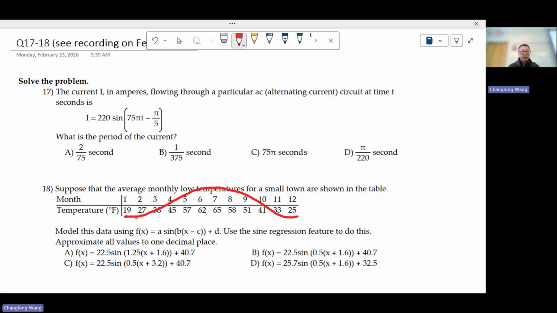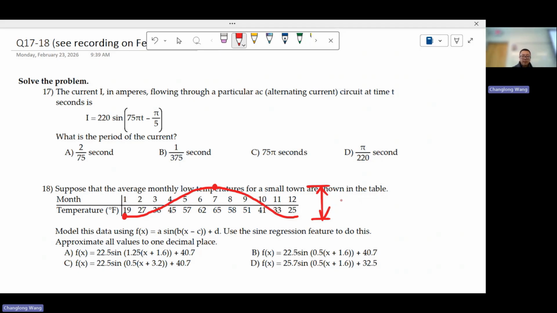So Max is talking about finding the lowest and the highest, and taking the midpoint, and seeing how many units up above the midpoint and how many units down to get the amplitude. You can do that. Or if you just want to find the difference between the lowest and the highest temperature, in this case the difference between 19 degrees and 65.